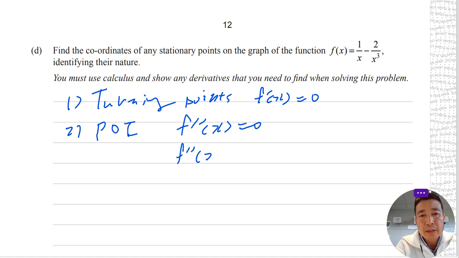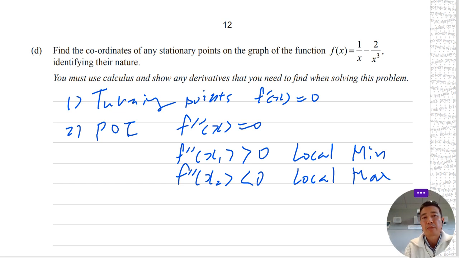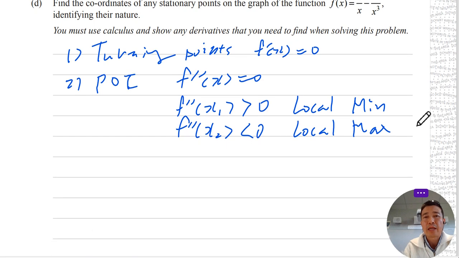When you plug the turning point in, if that is positive, that becomes a local minimum. If that is negative, that becomes a local max. And if that becomes 0, that indicates a point of inflection. These are stationary points.